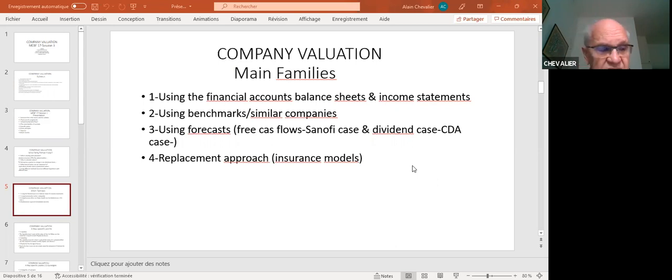And the question is not so easy, because to use multiples you need comparables, similar companies, what we call benchmarks, either listed or non-listed. We come back to that point. And the difference between listed and unlisted companies is, of course, a question of liquidity.